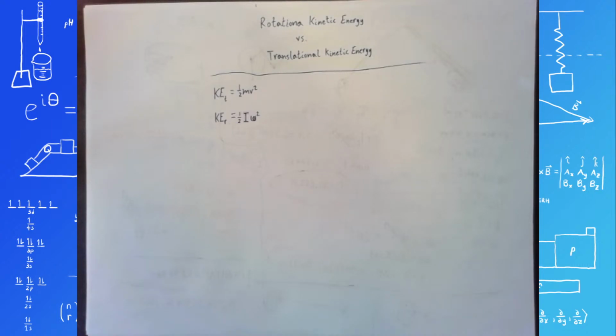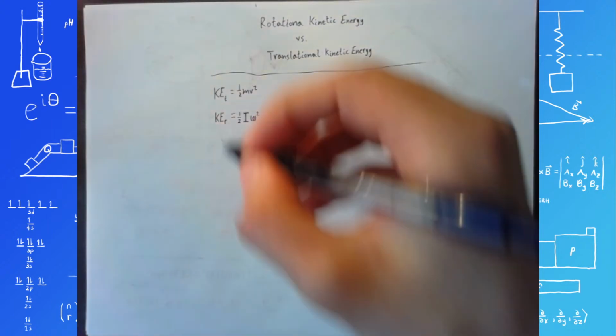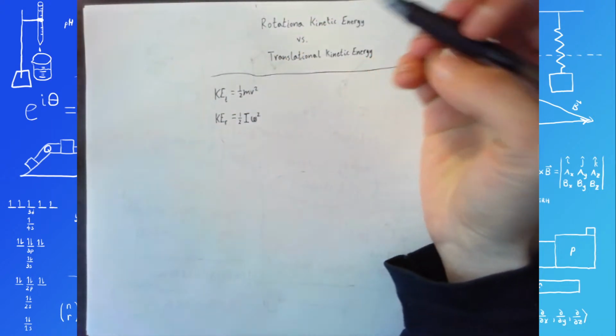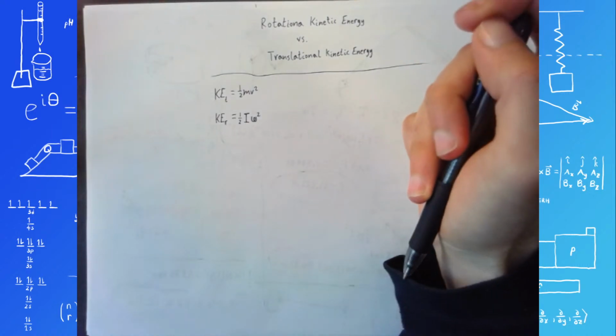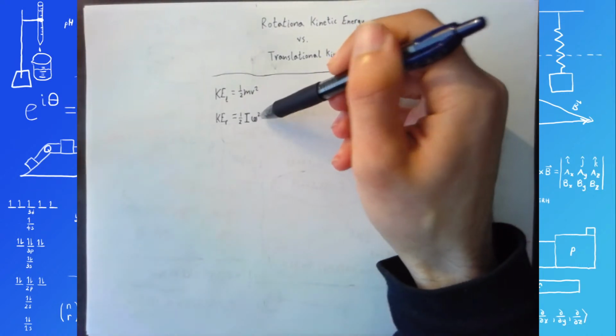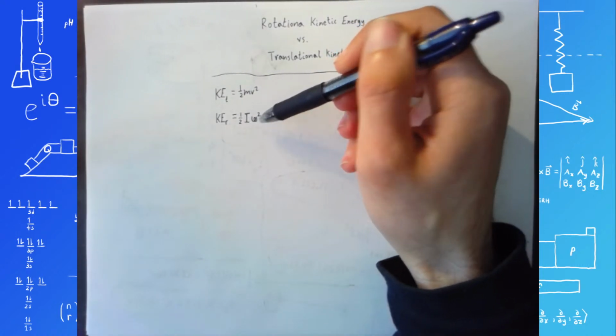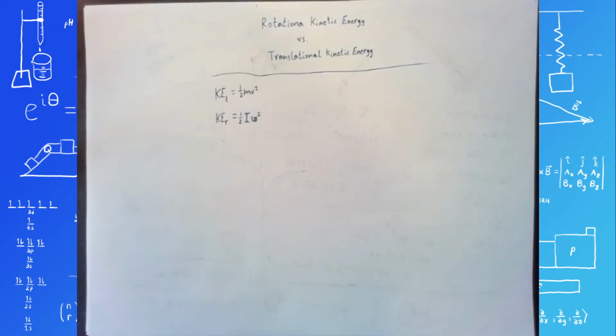Speed in particular, because the magnitude is the only thing that matters, not the direction, just as it was for translational kinetic energy. Angular speed is a term you will hear a lot in problems.